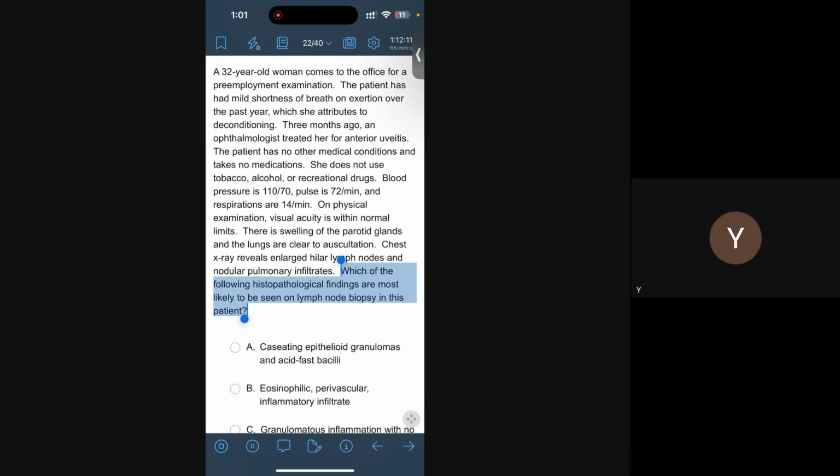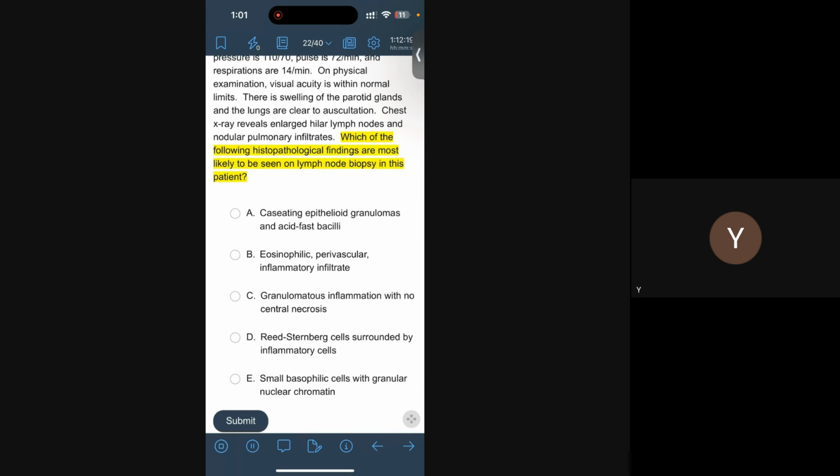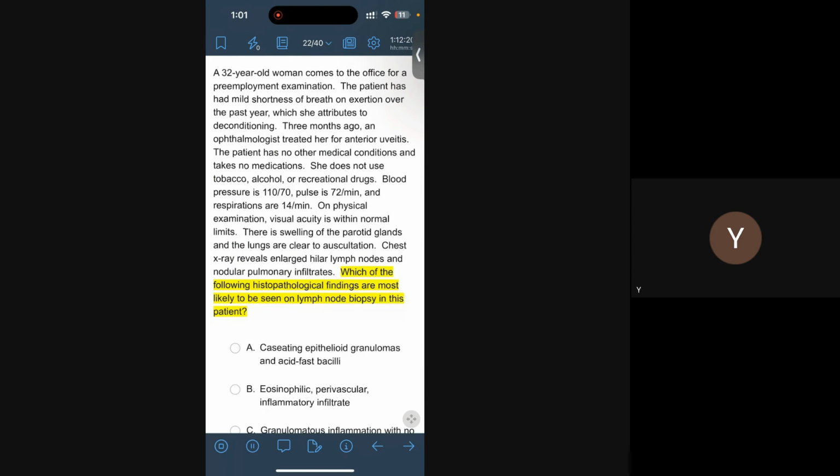Which of the following is most likely to be seen only in this case? Read this option. Now try to read the question and try to make a diagnosis here.